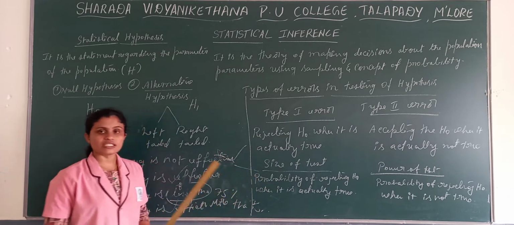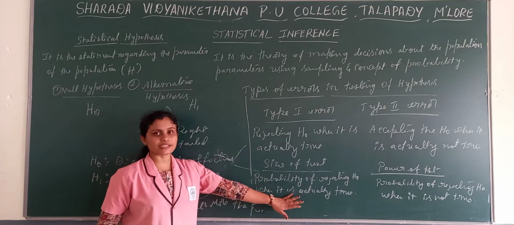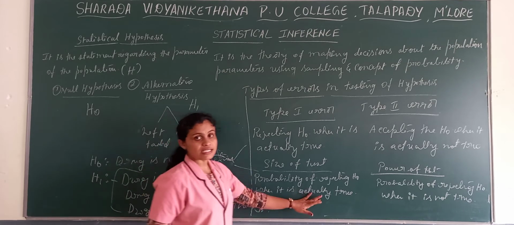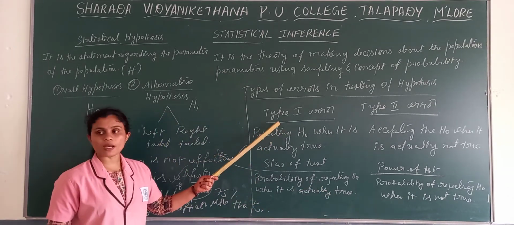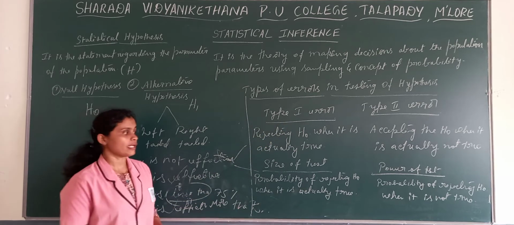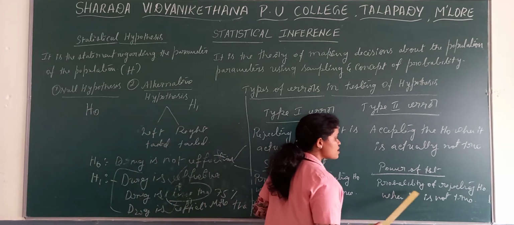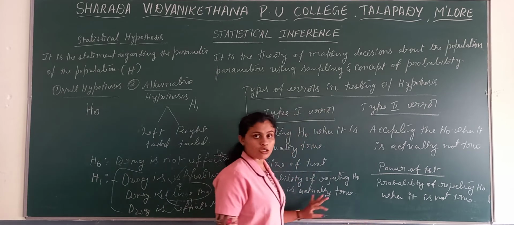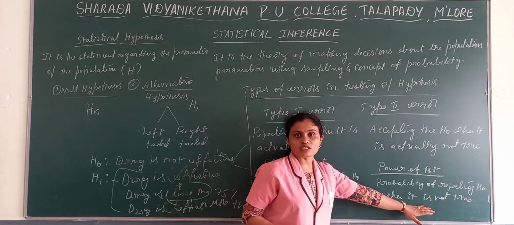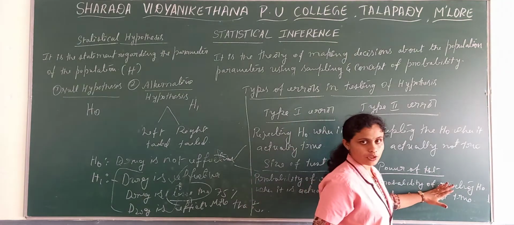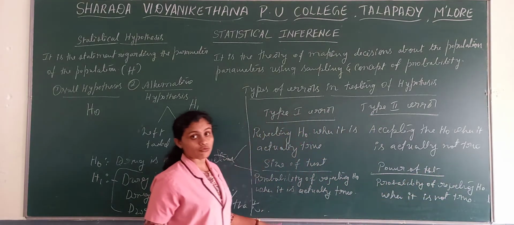Here, size of the test is the probability of rejecting the null hypothesis when it is actually true, meaning the probability of committing type 1 error. And power of test means the probability of rejecting the null hypothesis when it is not true. That we call the power of test.